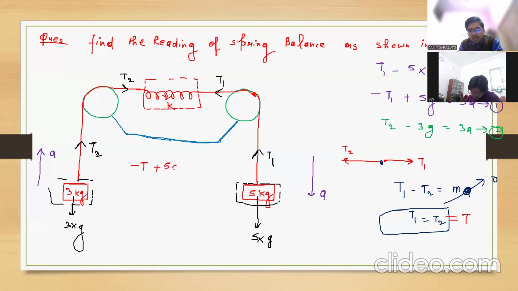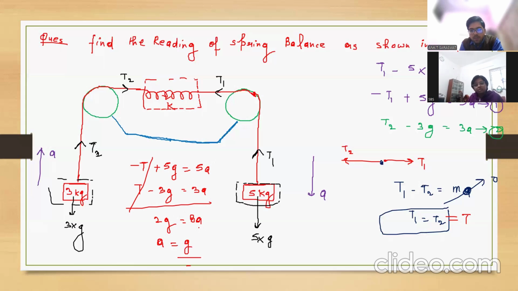Yes, sir. Find the value of A. It will be what? Cancel. Acceleration is how much? G by 4. Very good.